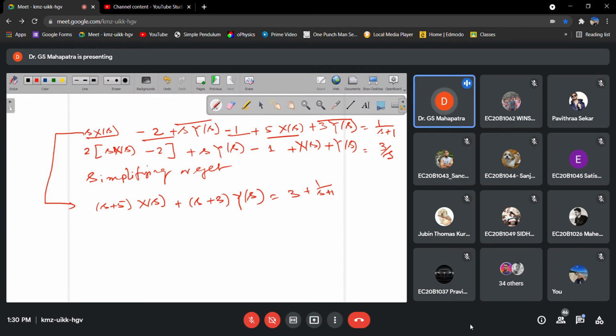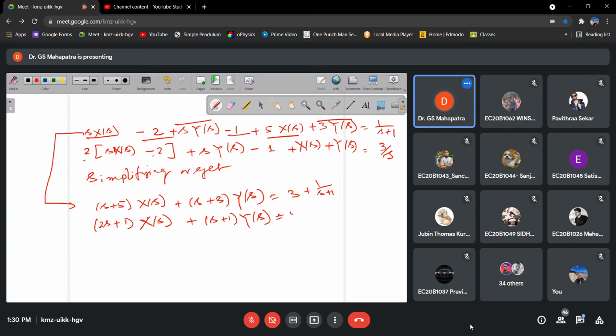Similarly, what will be the next one? Next one is twice s plus 1 x of s plus s plus 1 y of s. So 2 into minus 2, minus 4, minus 1, so minus 5.